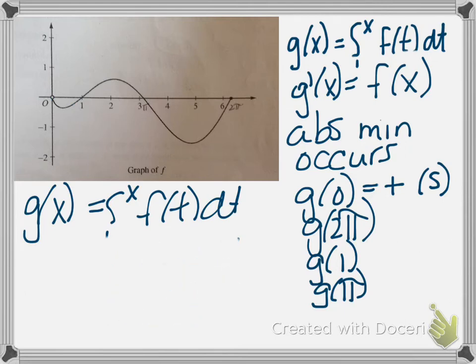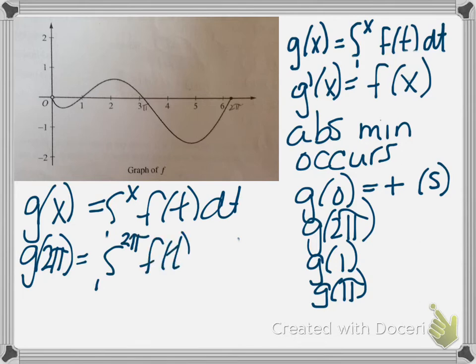Okay, next is g of 2 pi. So that's going to be the integral going from 1 to 2 pi. From 1 to 2 pi, that's from here to here.